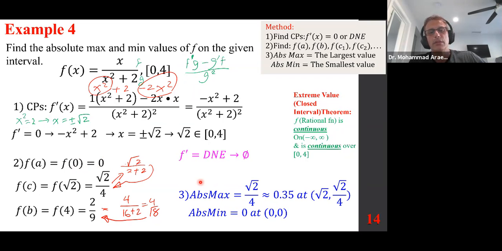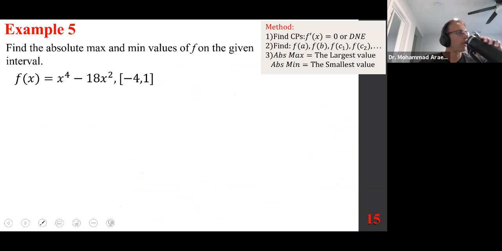We are ready for the next example. We want to find the absolute max and min for this case. So the very first thing we want to establish is what type of function we have. What is our domain?